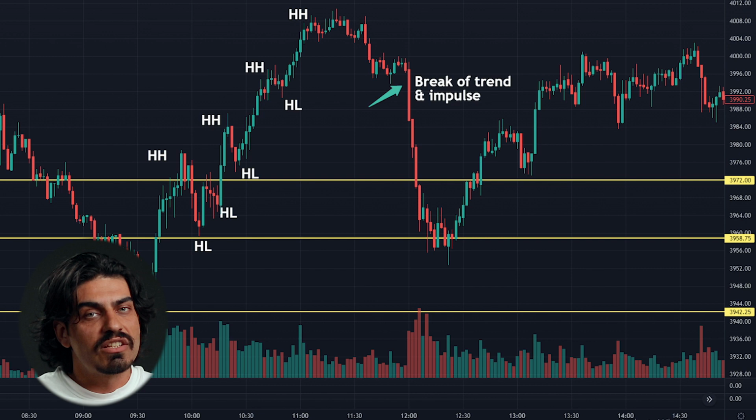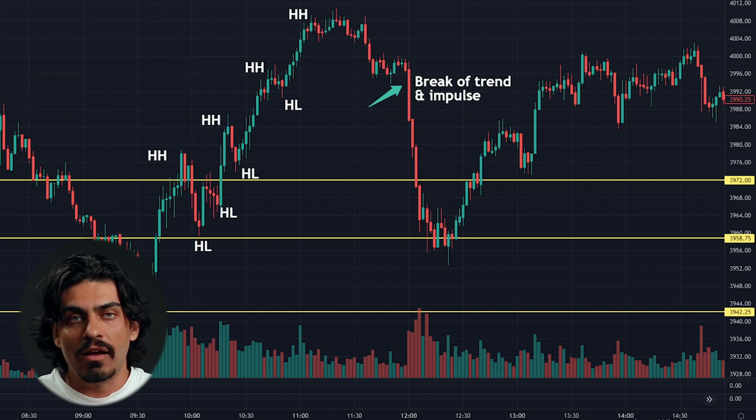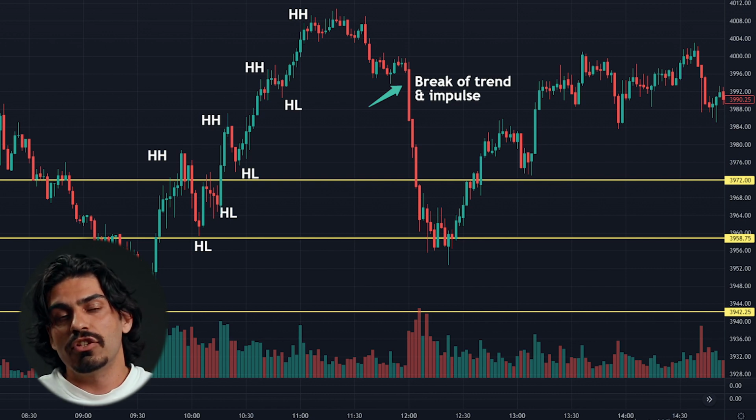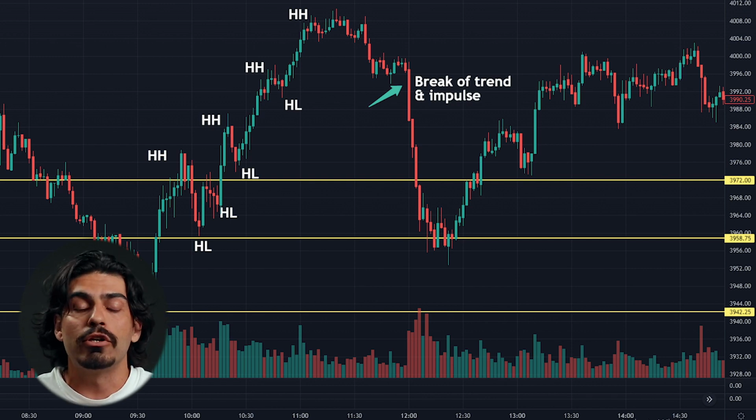In this case, I would expect that demand zone or that impulse zone, which is the subsequent equal higher low, to break down. Now, the combination of those two things, a lower high in the bull trend and a break of that impulse zone or that demand zone, is going to shift the market from a bull trend into what we could see as maybe neutral or even a bearish move.